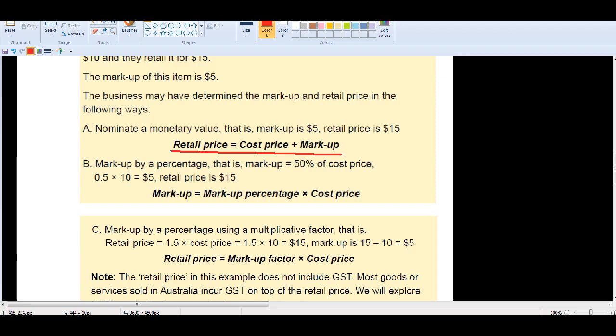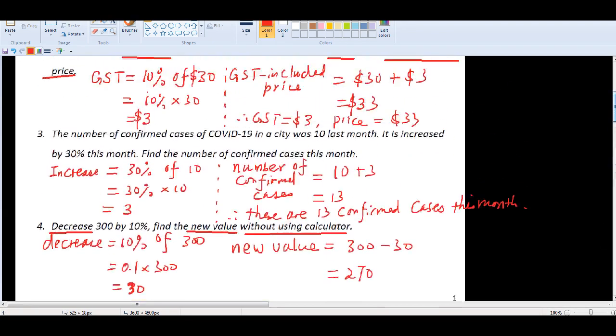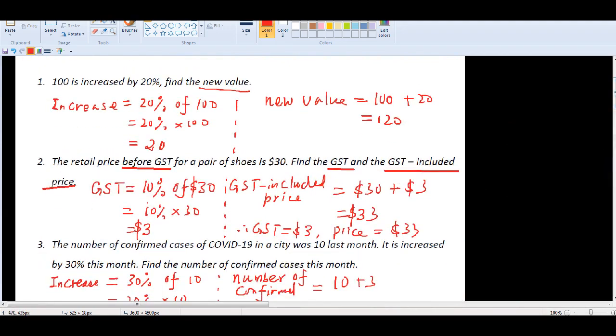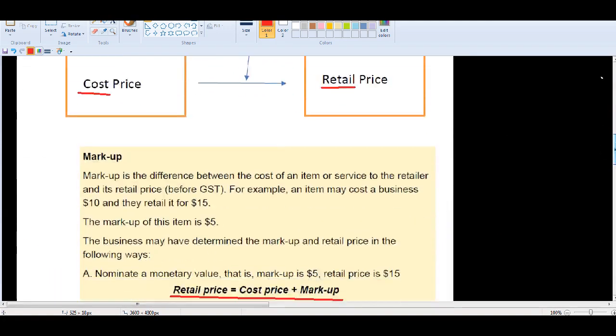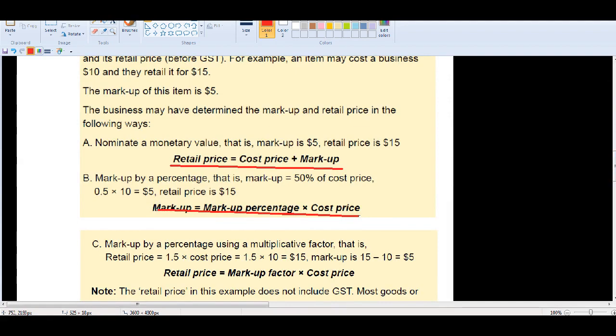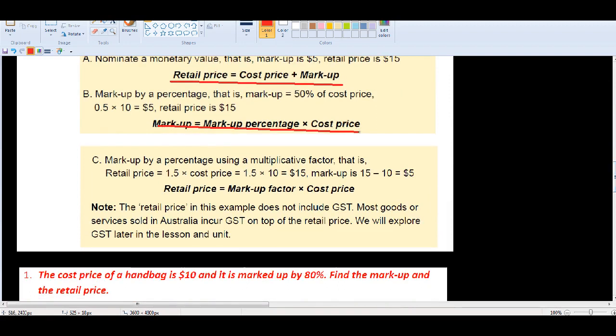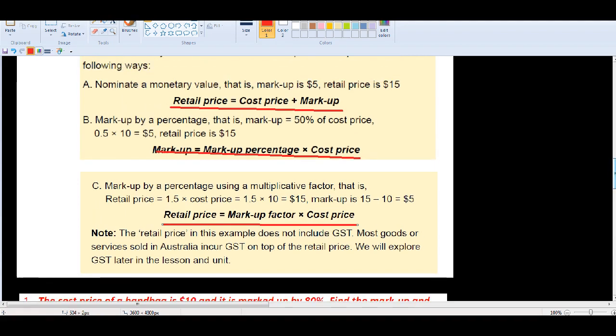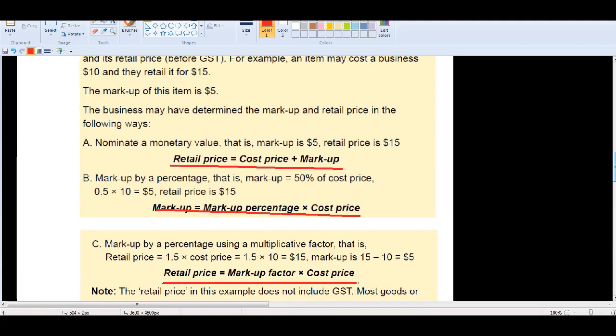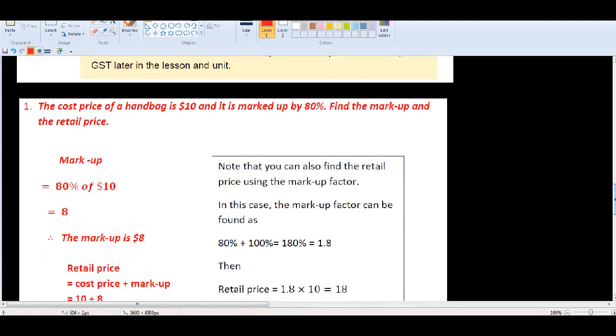So the markup could be markup percentage times cost price, just like what we've been doing here, 20% of 100. It's just a percentage of the markup times the original price, which is the cost price. And also sometimes we have a markup factor times cost price. I'm going to go into detail through the examples. So there are a few relations we need to understand.